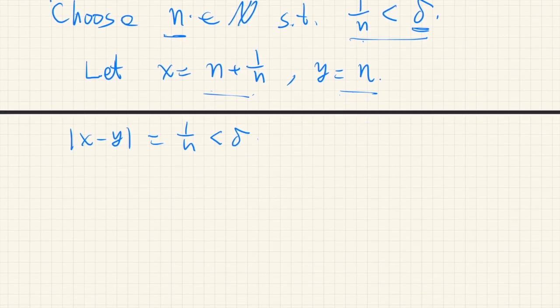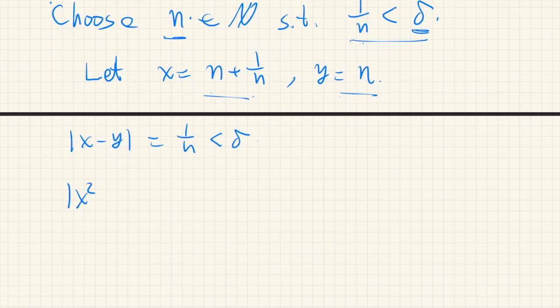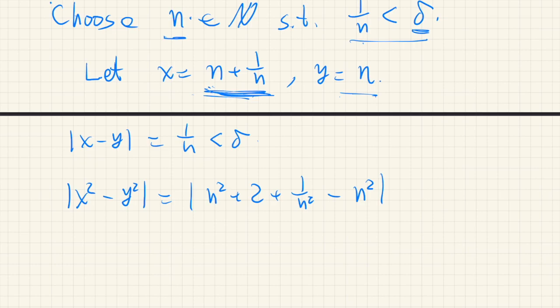Okay, now let's calculate x squared minus y squared. So x squared, if you square this, that's n squared plus 2 plus 1 over n squared, minus n squared.